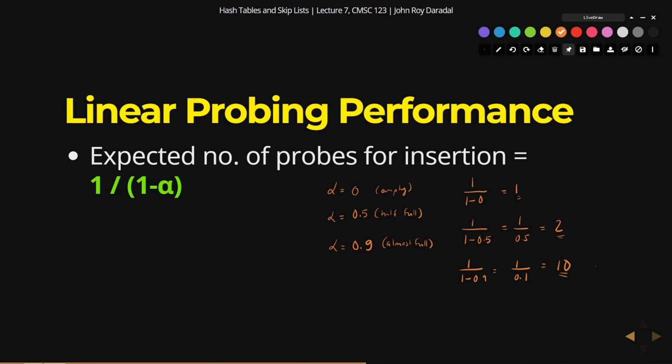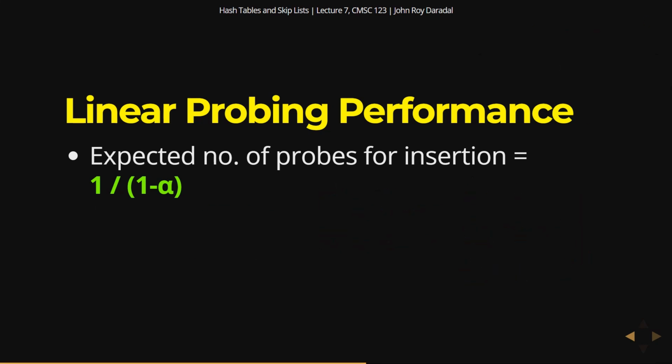So now you need about 10 probes for insertion, so something like that. So you see that as the load factor increases, the number of probes for insertion also increases. Okay, so yeah, so that's why the load factor is important.